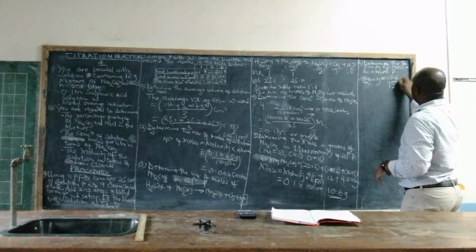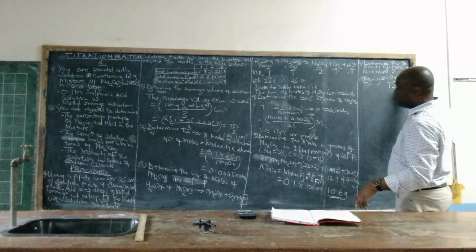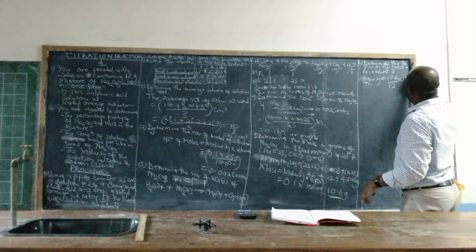We multiply it by 100 because it is supposed to be a percentage.